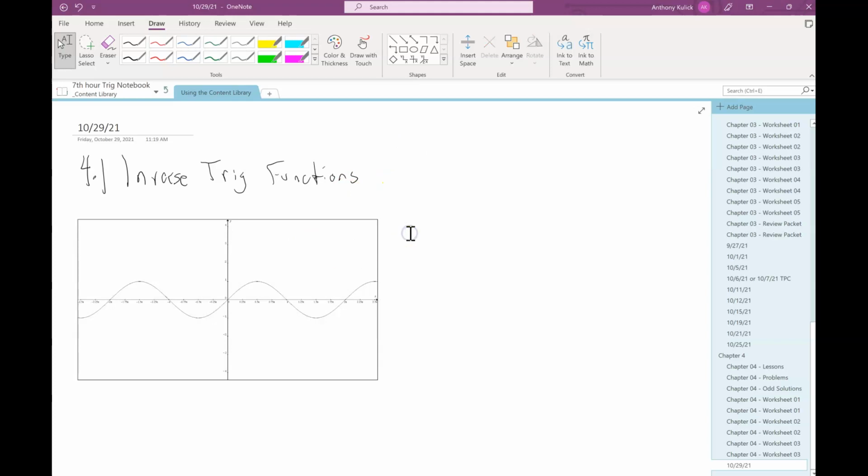So this is the graph of sine, just y equals sine x. If you remember back to chapter 1 when we talked about inverse functions, one way we can find the graph for an inverse function is to take the x and y coordinates from our original function and switch them. Okay with that plan?